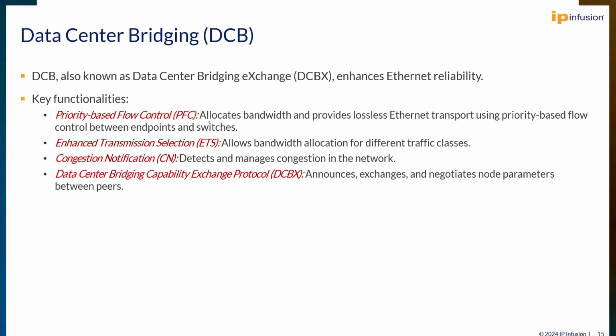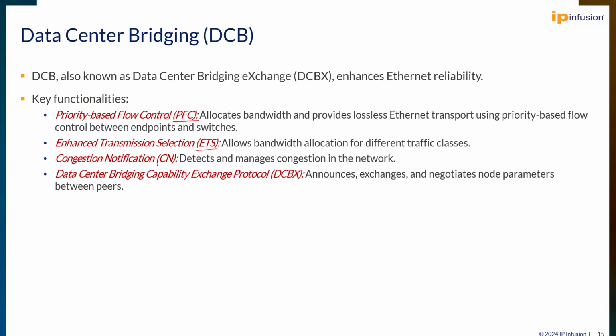But the standard ones, of course, are going to be this first one, PFC, which is going to provide us some quality of service features. We have ETS, which reserves the bandwidth for us. Again, these two are going to work with each other.